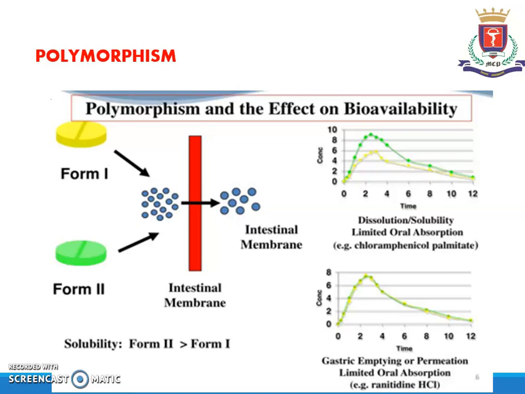With respect to permeation, that is gastric emptying or permeation limited oral absorption, the same two forms with different solubility properties, for example ranitidine hydrochloride, the oral absorption is not that much hampered.